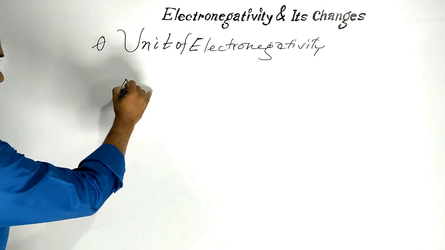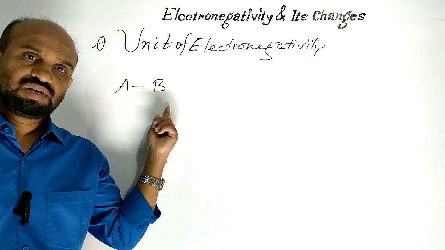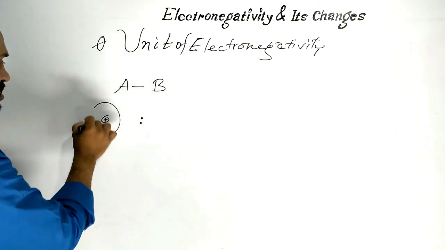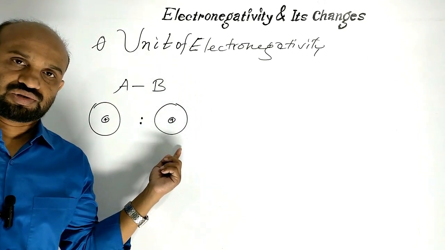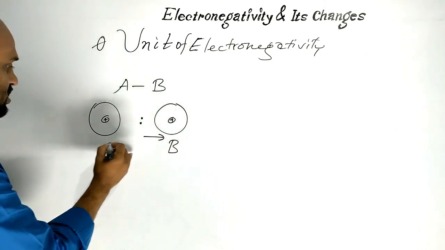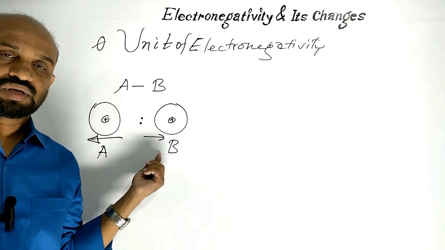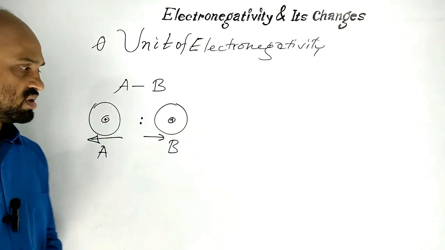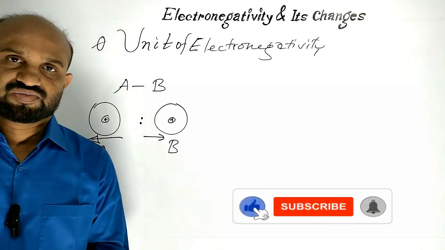Let us consider a covalent molecule in which covalently bonded electrons will be attracted by both atoms, by atom B and by atom A. As these two atoms are from two different elements, their attraction to the covalently bonded electrons will be different.